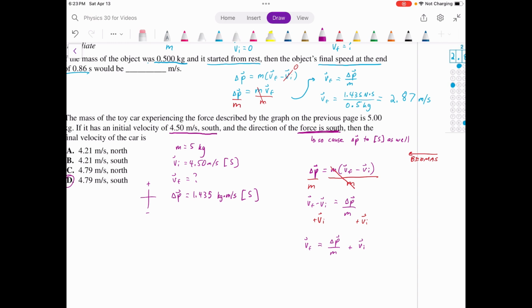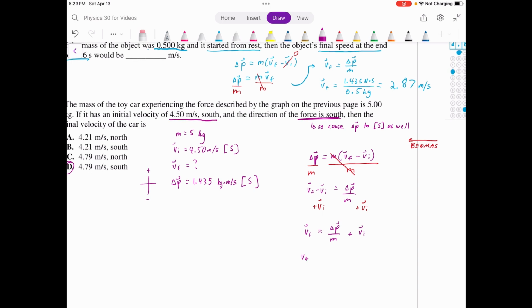Okay, now subbing in, being careful to remember our directions. We called south negative. So anytime I put in a vector that's to the south, I need to make sure it's negative. If there were vectors here that were to the north, I would make them positive, but we don't have any of those. So negative 1.435 kilogram meters per second is our impulse. Mass is a scalar.